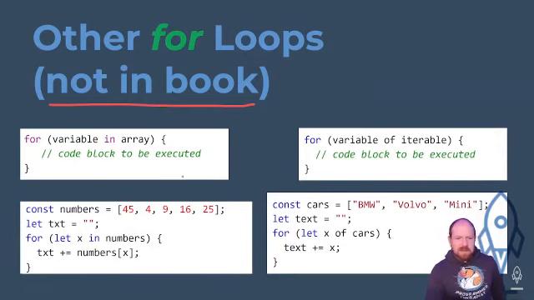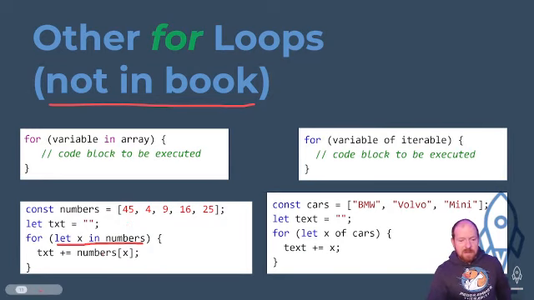So for instance, for these numbers, I could say let x in numbers. And what this would do is the same thing. It will not do an i, so you cannot use the index. That's the problem. So let x in numbers, and then you're going to iterate through. So just throwing those out there. Not going to go over it.